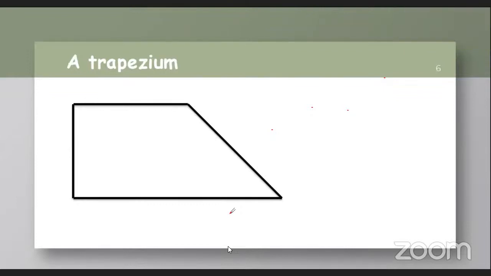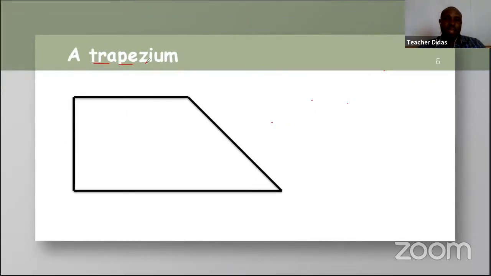Trapezium, not trampy. It is trapezium. Okay? There is no M here to say trampy. Talk to me. I don't know what's wrong with your microphone. For two days, I don't hear from you.